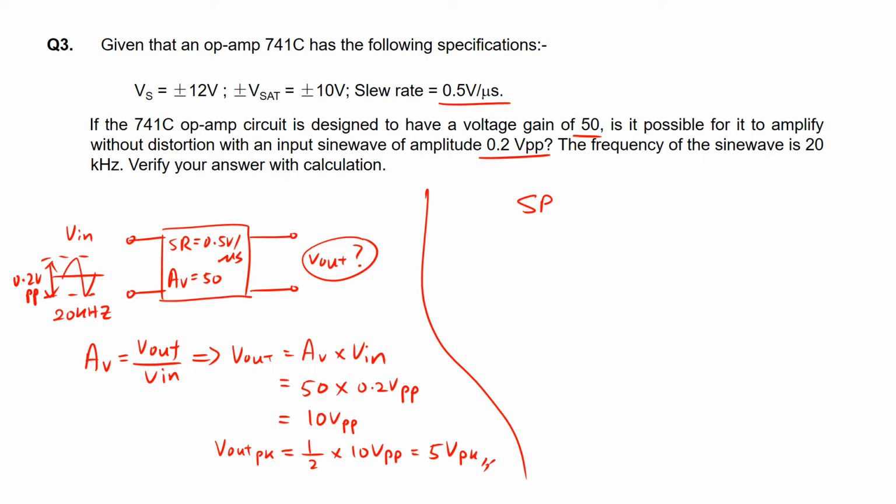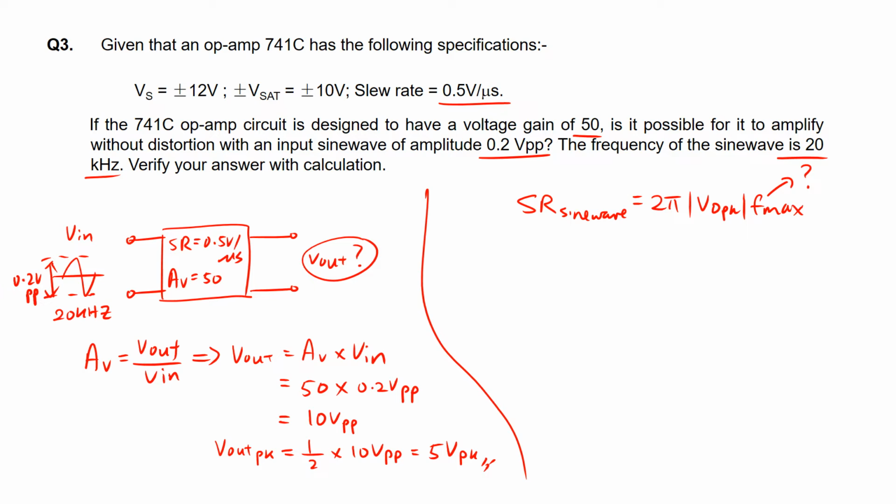This is based on the sine wave, so the SR sine wave formula equals 2 pi Vout peak multiplied by the maximum frequency. Our motive here is to find this maximum frequency, so that we can compare it with the frequency being fed into the system, which is 20 kilohertz.